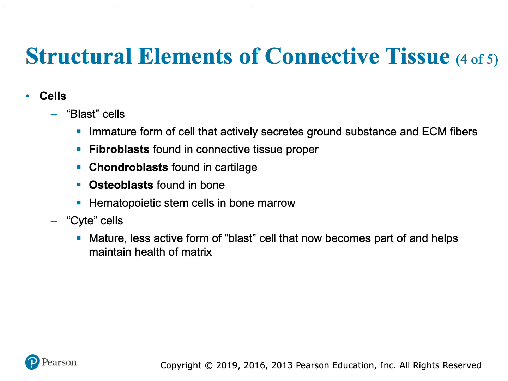So a blast doesn't mean it's a cancerous cell. Blast means immature form. These guys are very busy in connective tissue, and they're actually the ones making the matrix around them. So they are making that ground substance and fibers and whatever kind of tissue is around it, whether it's hard, firm, or soft.